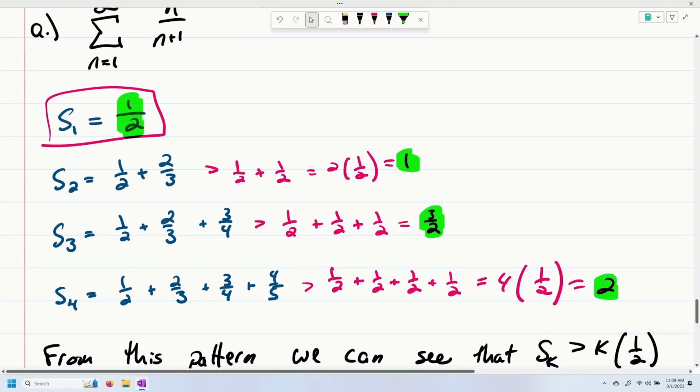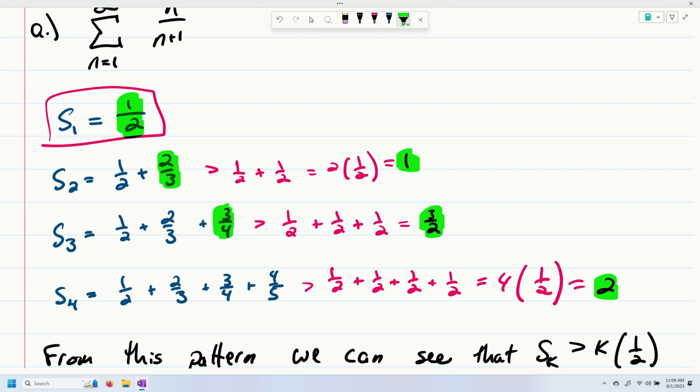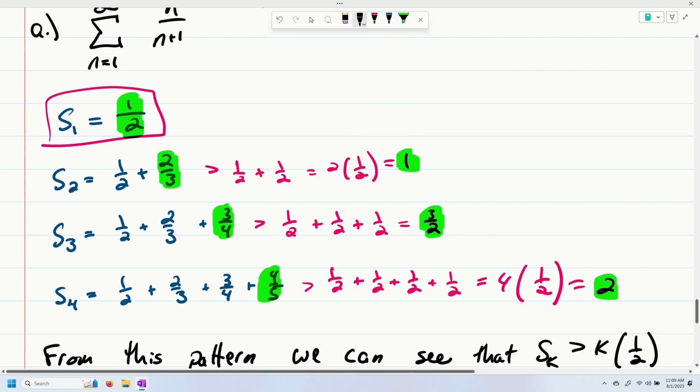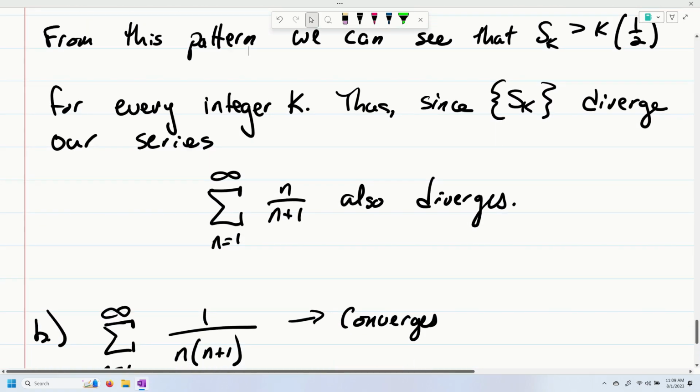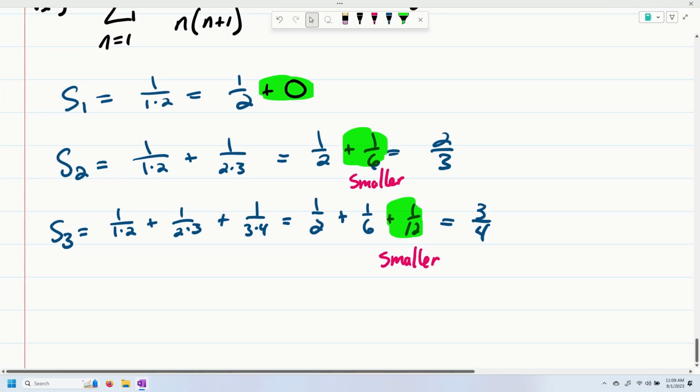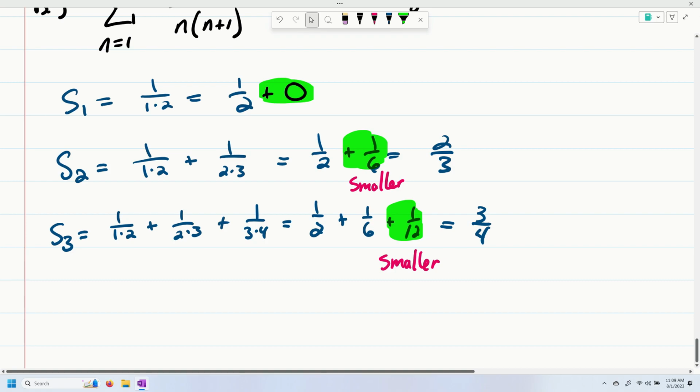That was not happening here. Every single time we added something, it was larger than the previous. So this is how we're thinking about this: if we're diverging, that means as I add something on, I'm adding something bigger. In our second example here, when we add something on, we're just adding a very small amount. We're not adding a lot.